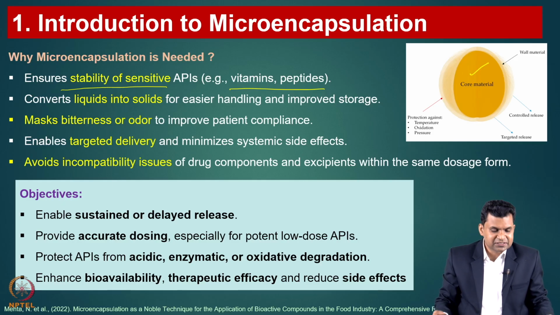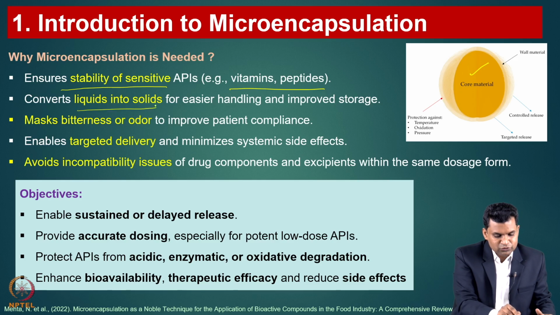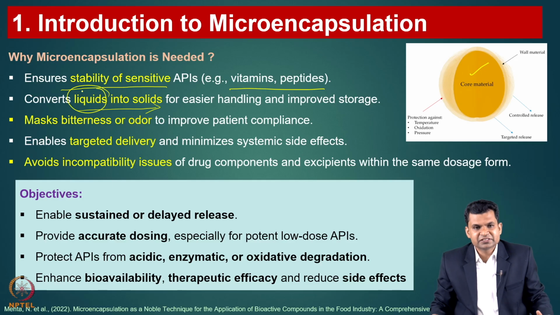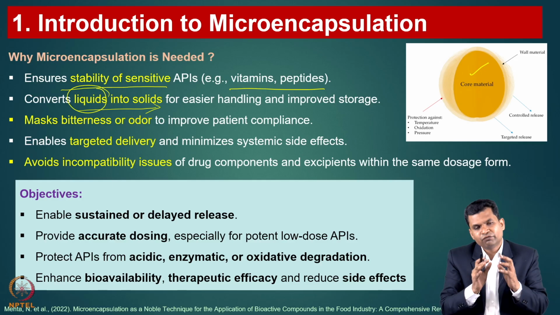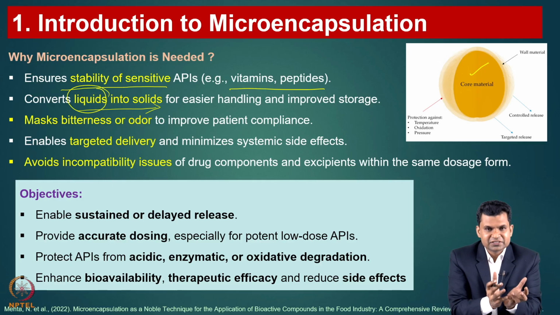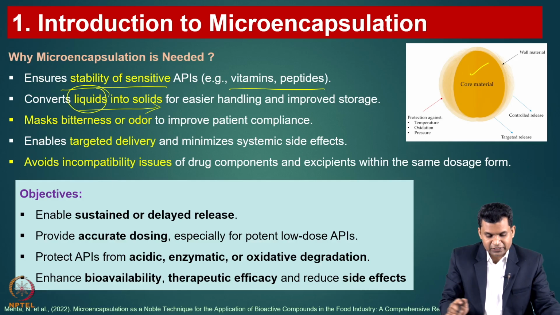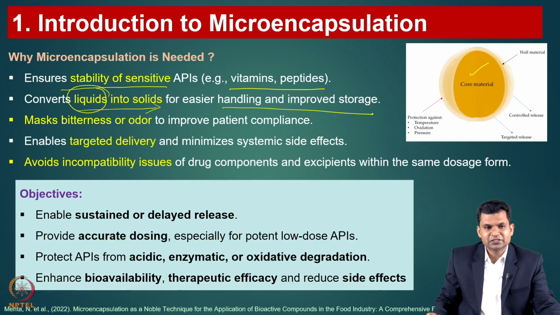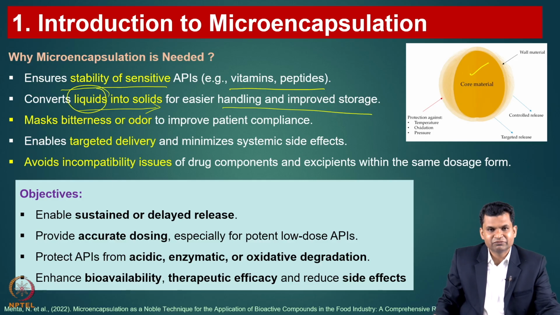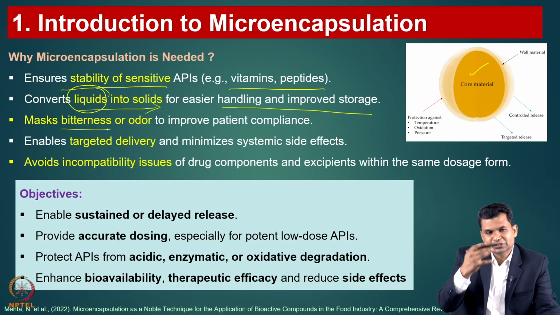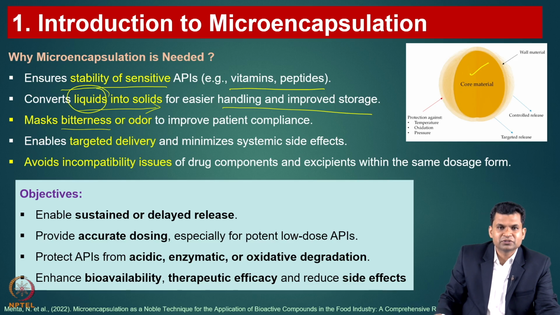And as we discussed, yes, we can convert liquids into solids, because liquids are unstable in various conditions. If you would like to convert your liquids into solid dosage forms, microencapsulation is the best strategy. We can overcome all the handling and storage issues. Not only that, most antibiotics and other drugs are bitter in taste, and to overcome that we can mask the taste by using polymers in a microencapsulation technique.